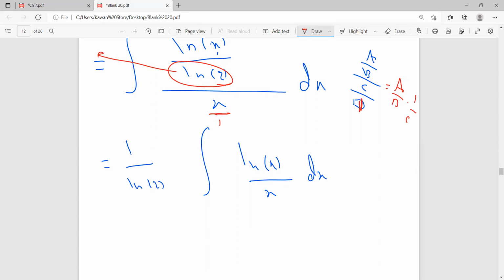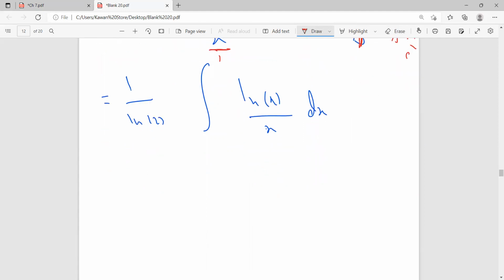How do we solve this example? We cannot solve it directly.